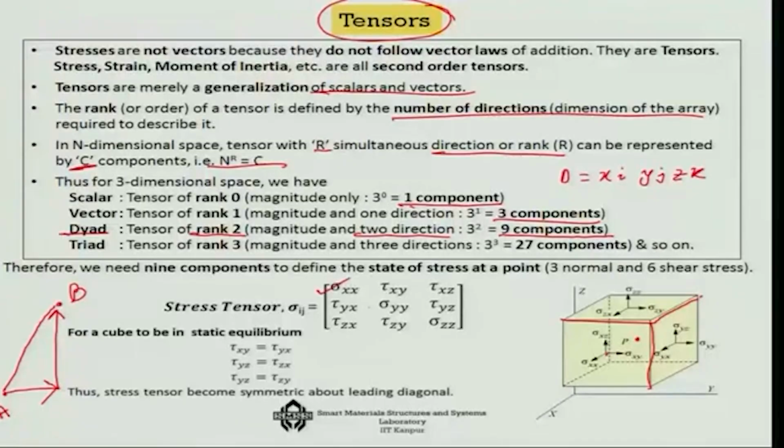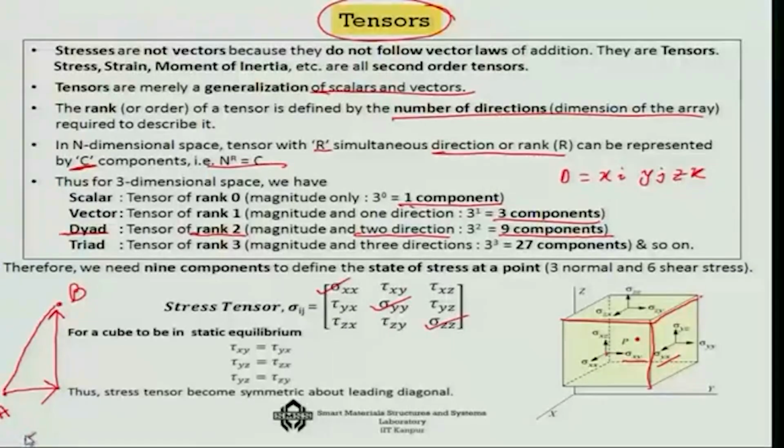So, sigma xx, sigma yy, sigma zz, 3 normal components and 6 shear components. Why do you need 6 shear? Because there are some shears like sigma xy and sigma yx which are actually the same, shear and complementary shears are there. So, you need 3 normal and 6 shear, a total of 9 components, in order to define the stress at a point, and that is a tensor of rank 2, that is what is also known as a dyad.